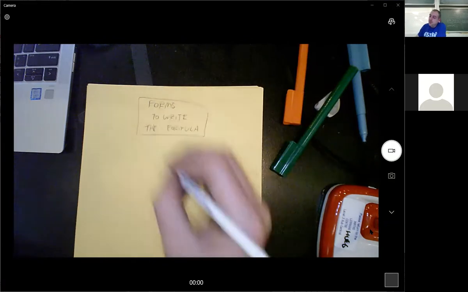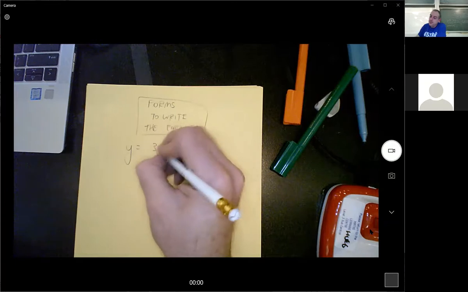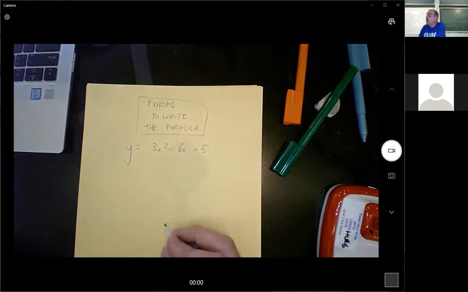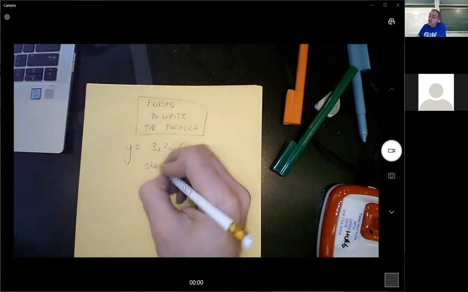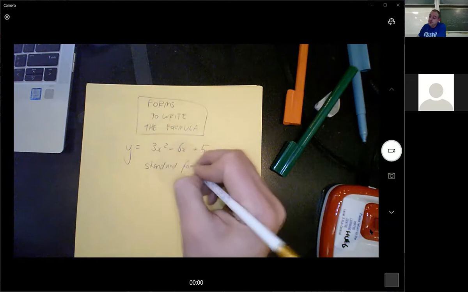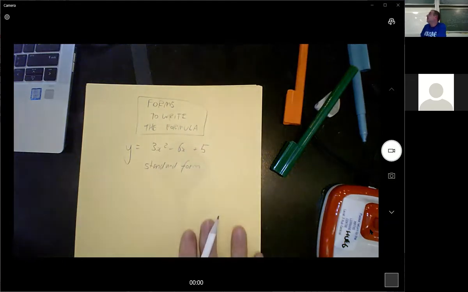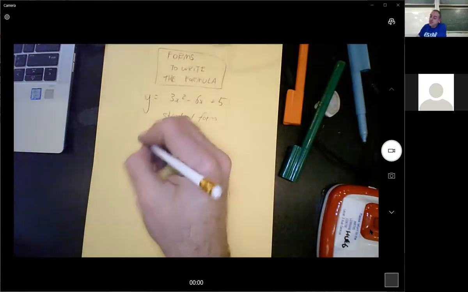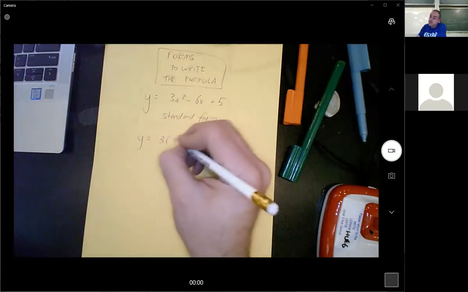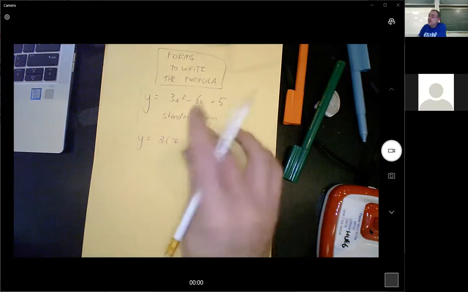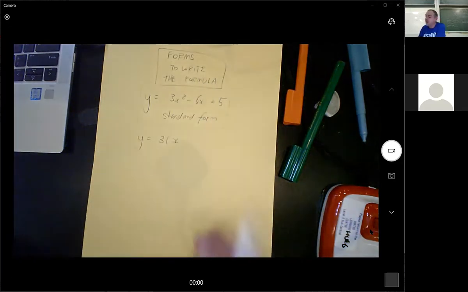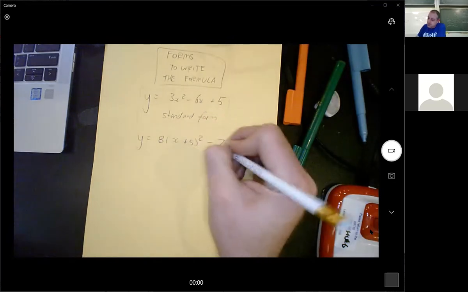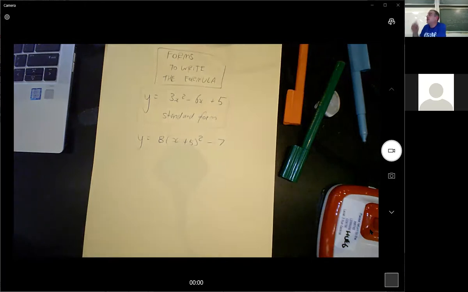So forms to write the formula. There is this form. Something like that. This is called standard form. There is this form. These are not going to be the same one, I'm sorry. I'm just making up examples. Like that. That's the one that you just mentioned.